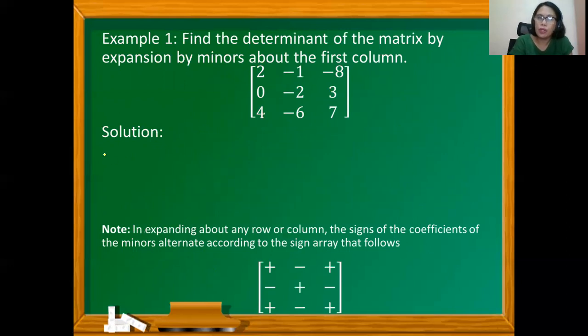Here, the determinant is equal to: the first term would be 2 times its minor. Of course, we're going to remove the first column and the first row where 2 is located. And we have negative 2, 3, negative 6, 7.